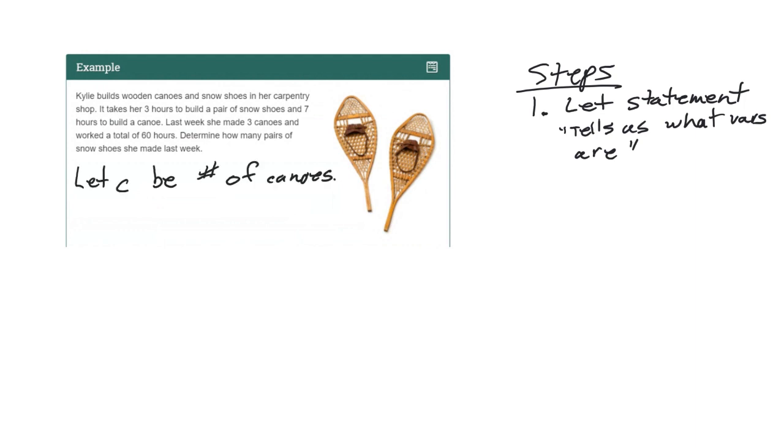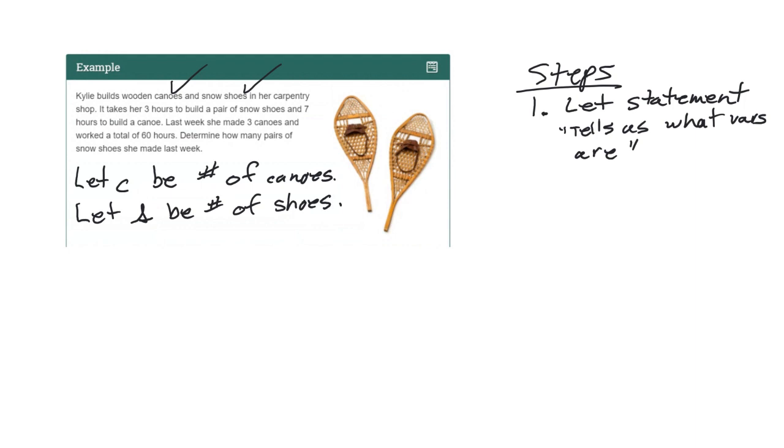And now that we've set C to be the number of canoes that Kylie makes every week, then we have to look at the number of snowshoes. In this case, we want to know how many snowshoes. So we need to have a nice letter for snowshoes. Let's call it the letter S, the script S. And that's how we write it.